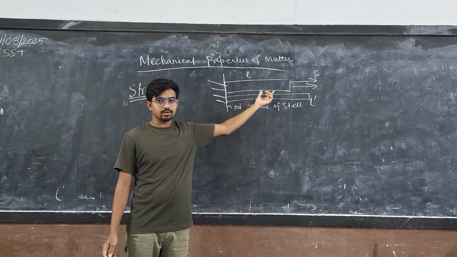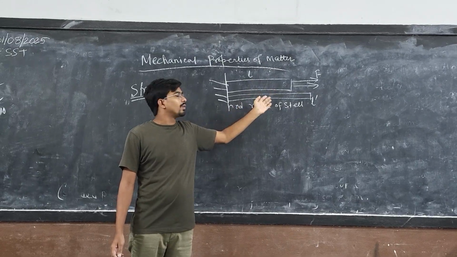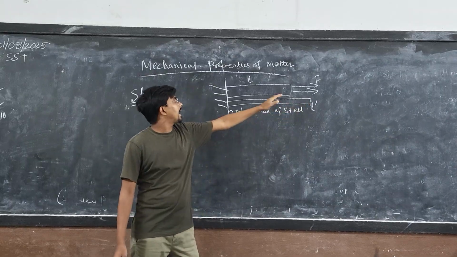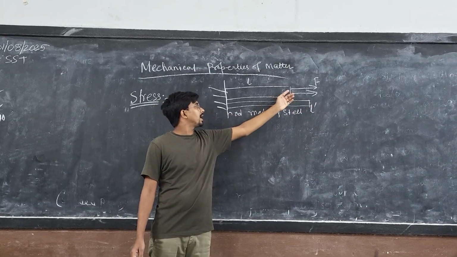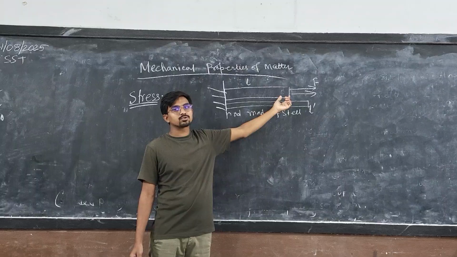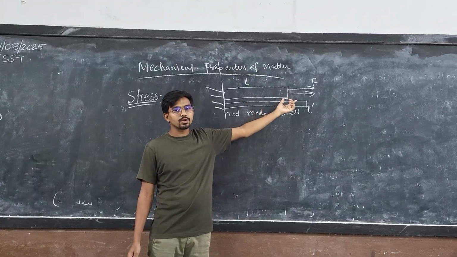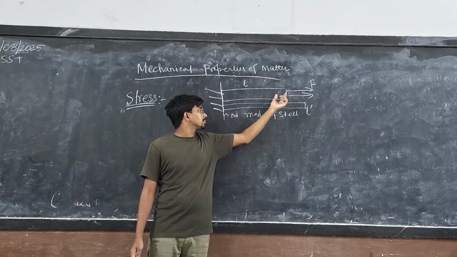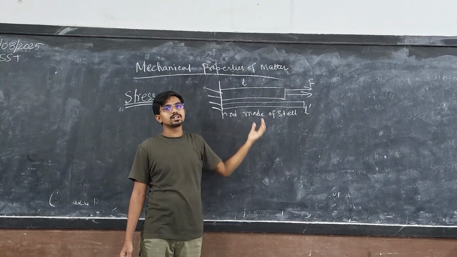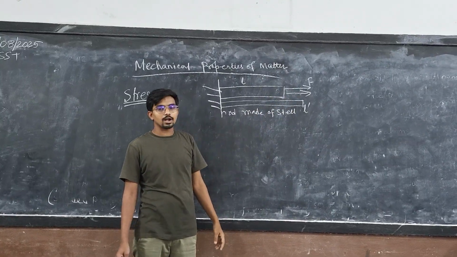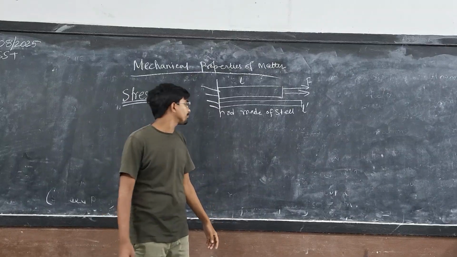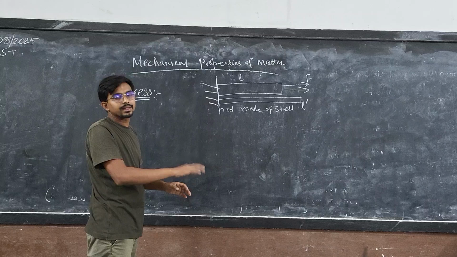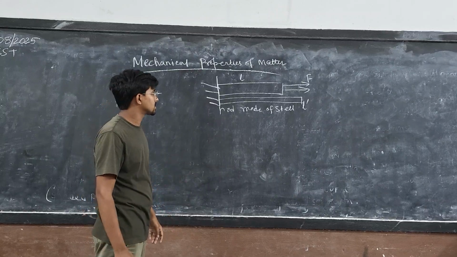Due to that, whenever we withdraw the deforming force, another force will be realized here. That is known as the restoring force. Due to this restoring force, the object regains its original shape, size or configuration. So the deforming force is equal in magnitude to the restoring force.